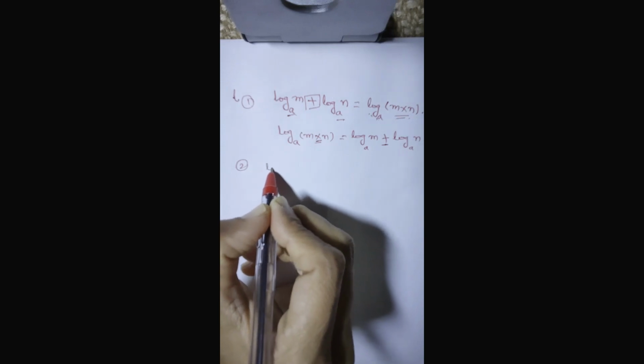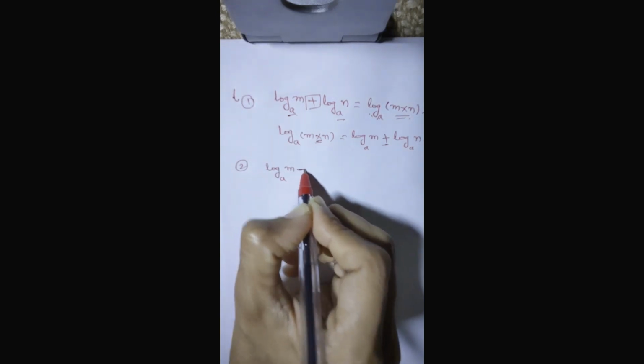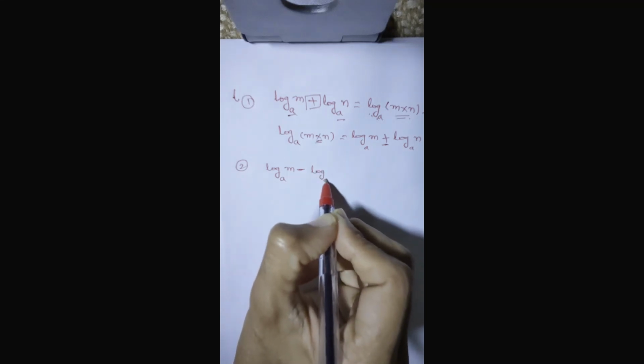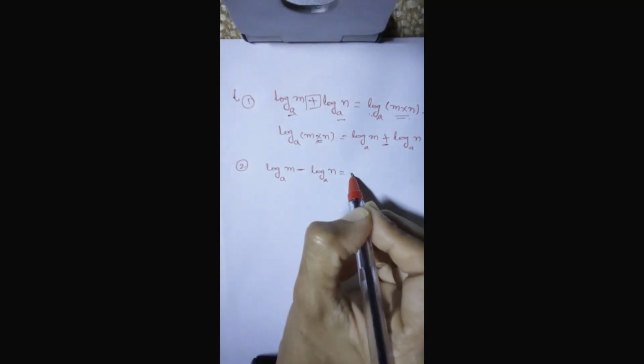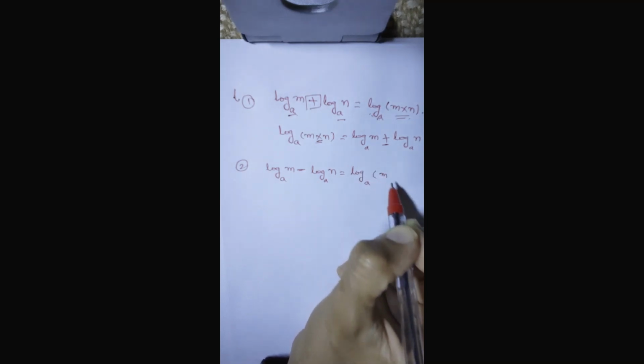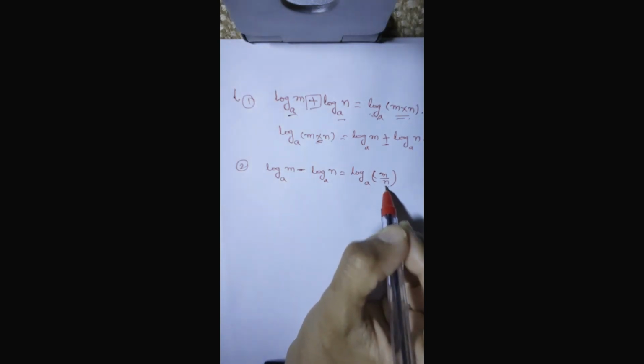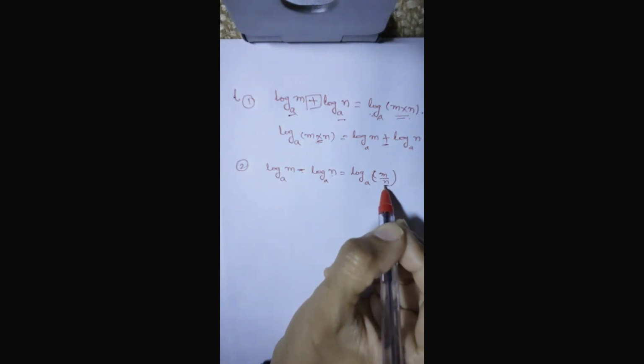Similarly, if I have a subtraction sign between two logs, log to the base a of m minus log to the base a of n, then I need to divide, m upon n. The negative sign is the denominator. This negative part will be the denominator.